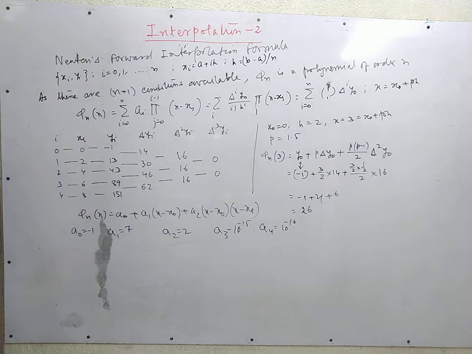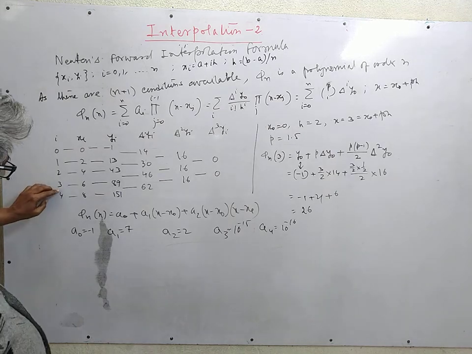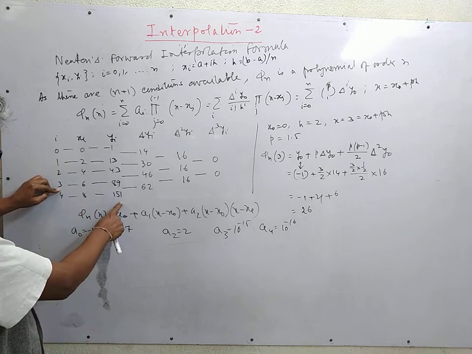That's all about Newton's forward formula. In the next class we shall discuss Lagrange's interpolation formula. Recall that Newton's forward interpolation formula has some restrictions. One is that it is applicable to equispaced arguments, and it gives good results only when x lies very near the starting point. If the x point were chosen to be over here, then only one value would be available.